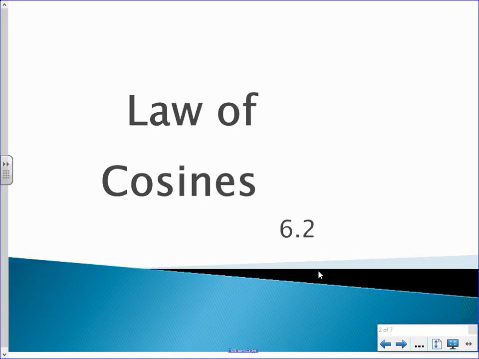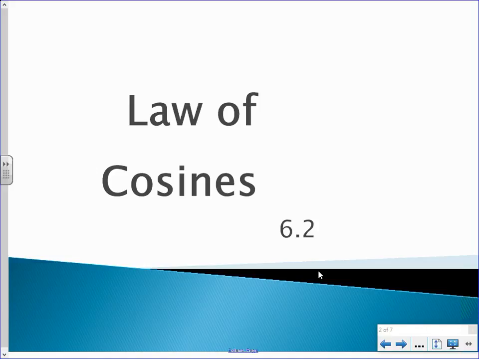two solutions, okay? Now, what I want you to think about when we do have that ambiguous case: what is the range of inverse sine? You're thinking of the range of sine. I want the range of inverse sine.